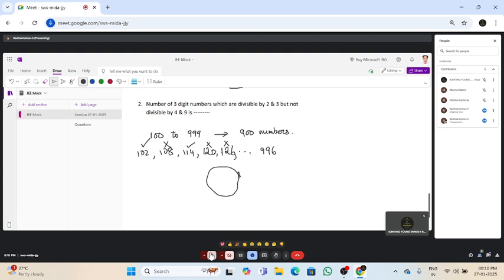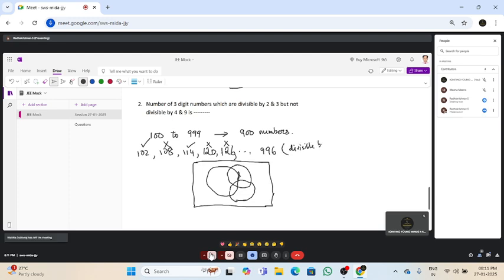Here, this is the set of all numbers, the universe, having all the numbers from 100 to 999. Inside that we can draw a circle for 6. This is all divisible by 6, isn't it? Since it is 2 and 3, it becomes divisible by 6.